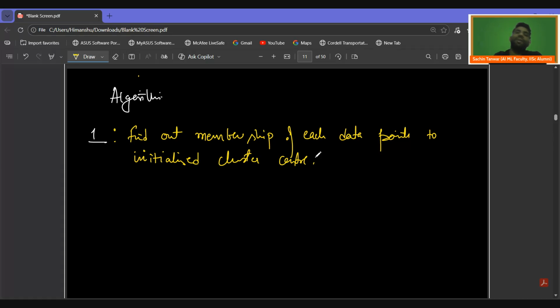Whichever distance is lesser, I say this data point belongs to that particular cluster, that means it is a member of that cluster. This uses any pre-decided distance metric. There can be a number of different distance metrics, but normally we stick to just one, though you can use others as well.